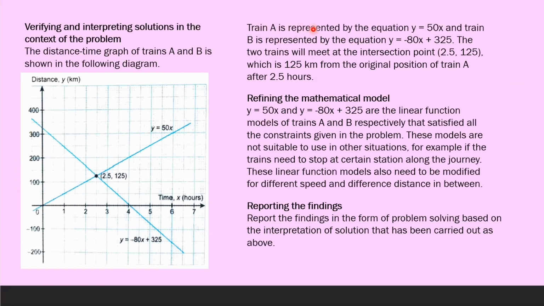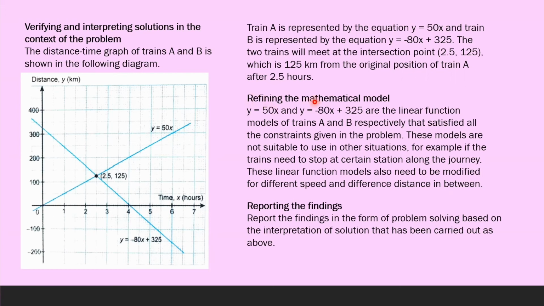Train A is represented by the equation y equal to 50x, and train B is represented by the equation y equal to negative 80x plus 325. The two trains will meet at the intersection point here, (2.5, 125), which is 125 km from the origin position of train A after 2.5 hours.